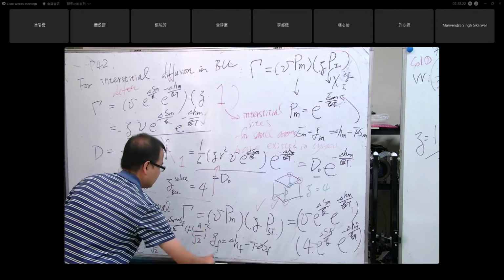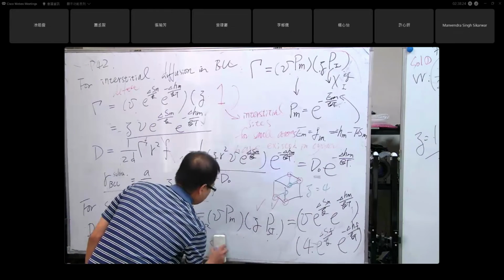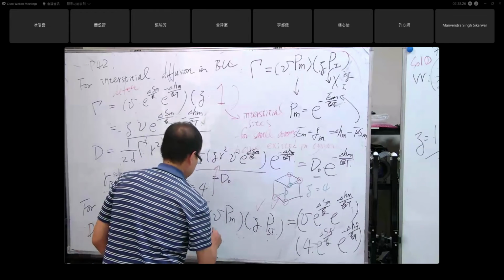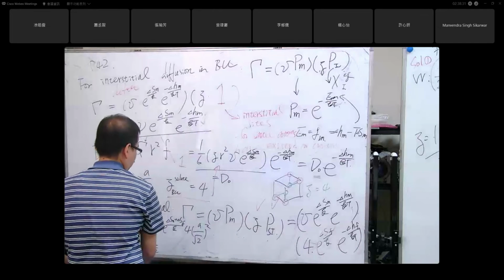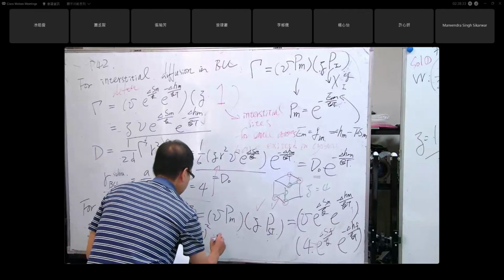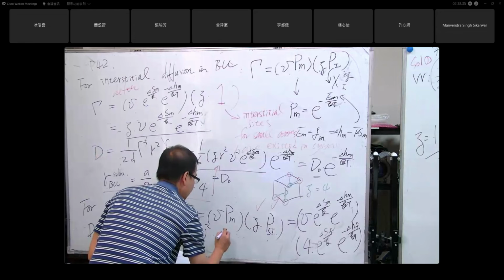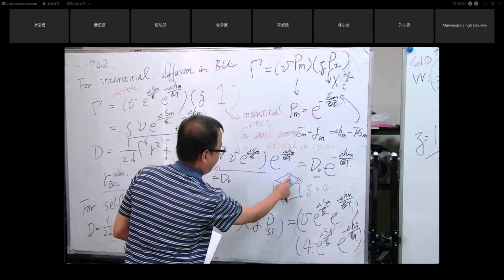So squared. And let me see how we missed. R squared and f. f is like coordinate number 4, right?